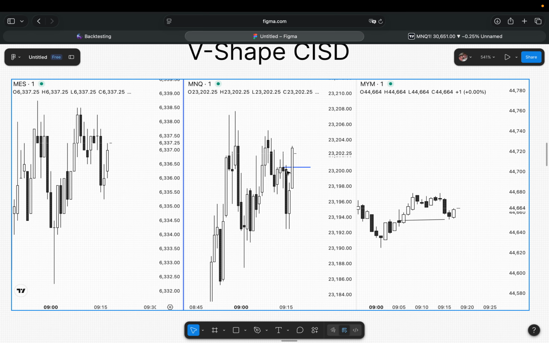We can see a thick down close, big bodies, sweeping a liquidity over here, where my cursor is. Then I believe we have SMT somewhere here.